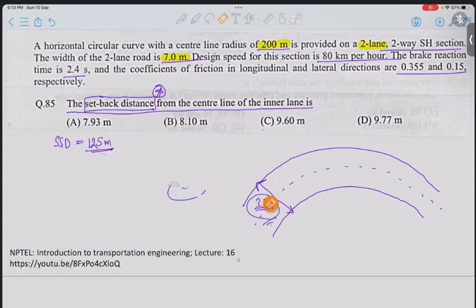So you can remember this also. So we have a single lane road, and this is the center line. The radius is going to be this, from the center of the curve to the center of the road. And this setback distance is actually from this main highest curvature point to this. Let's say this is your stopping sight distance.